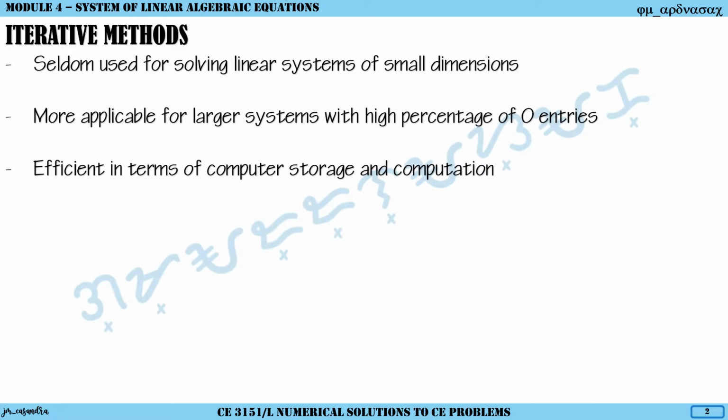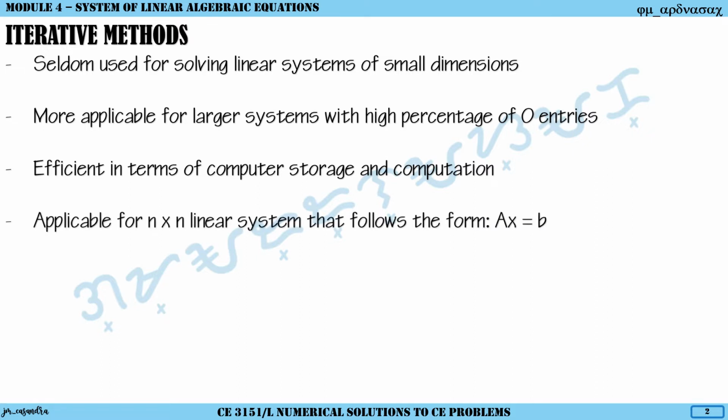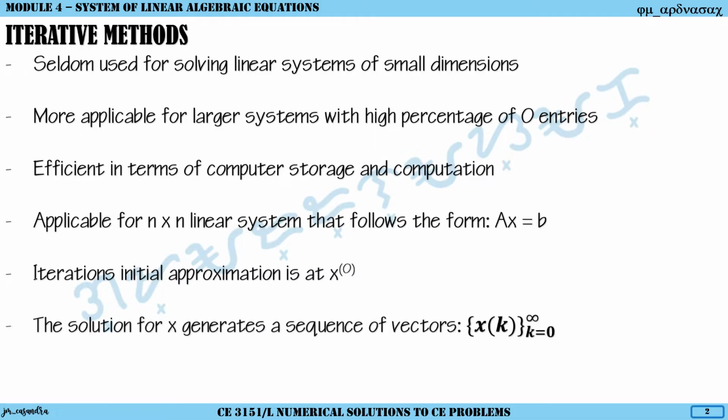Next, these methods are efficient in terms of computer storage and computations, and are applicable for any n by n linear system that follows the form Ax = b. The iterations start with an initial approximation or guess of x equal to 0.